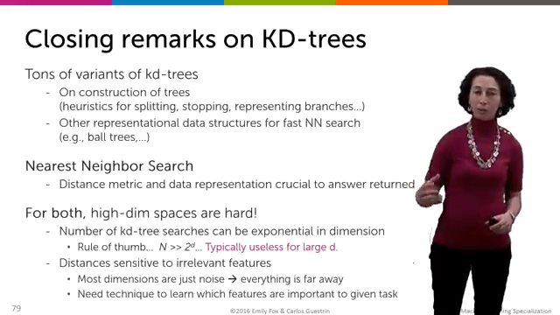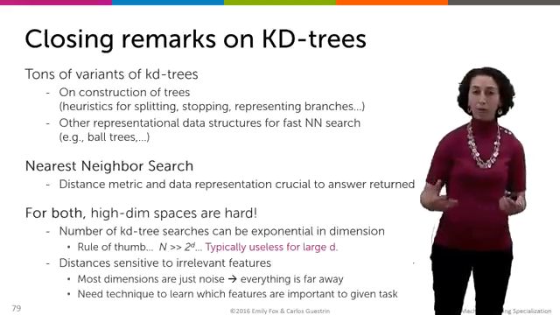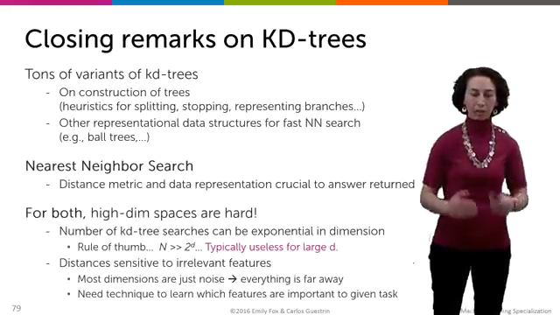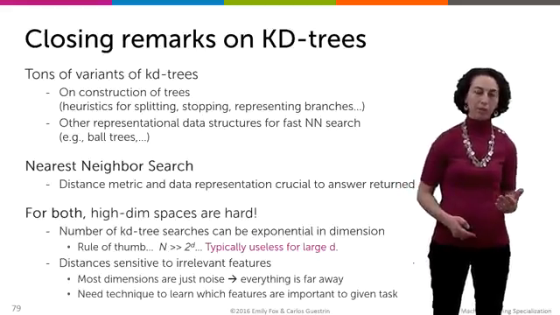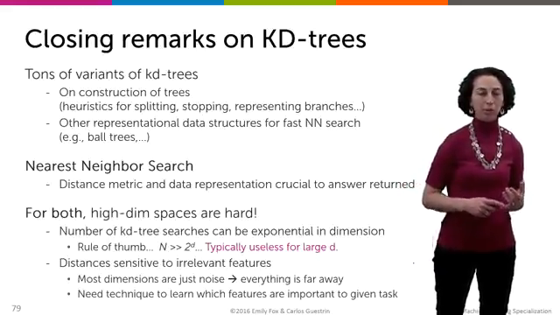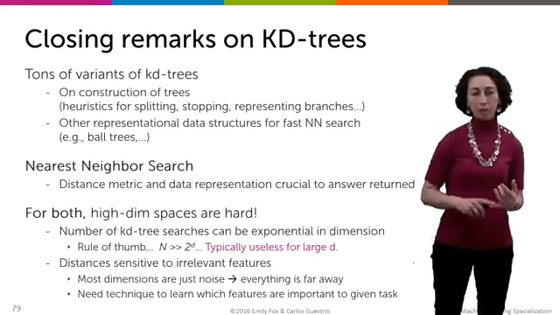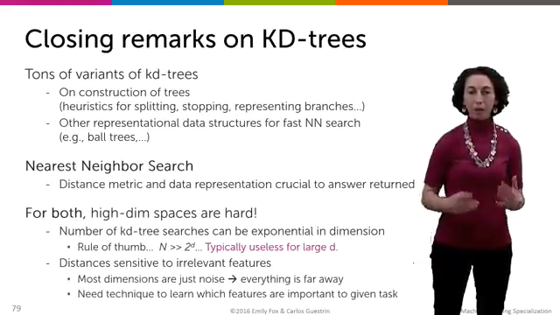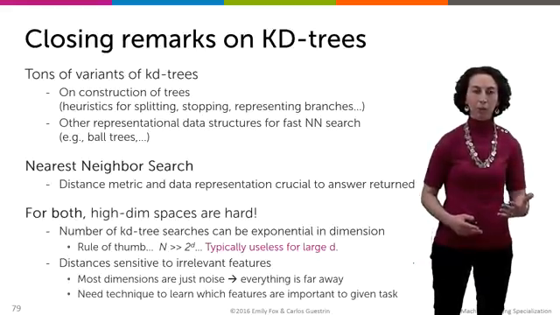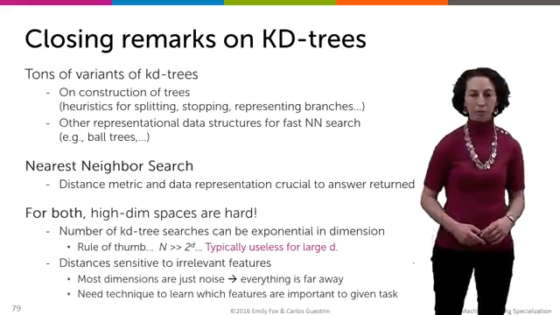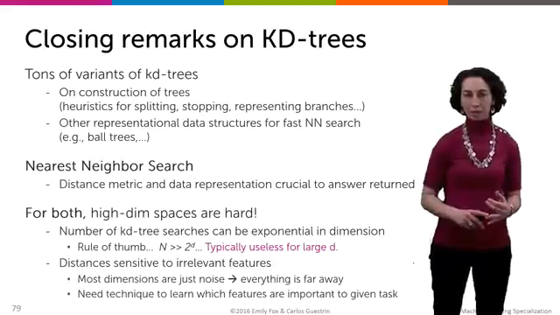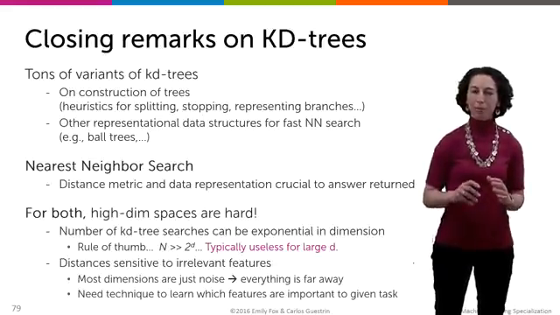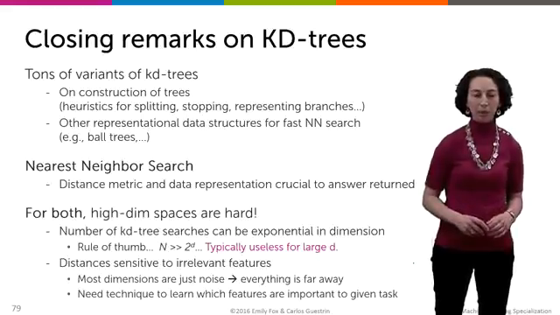Well, it's really these ball trees and different shapes you can plop down. And what we're going to talk about next you can think of as one of these alternatives to these axis-aligned cuts. And the other thing that we've seen so far is the fact that in performing nearest neighbor search, things rely very, very heavily on how you're representing your data and how you're computing the distance between two different data points. And for both of these, KD trees and nearest neighbor search, things become much, much more challenging when you're in high dimensional spaces.